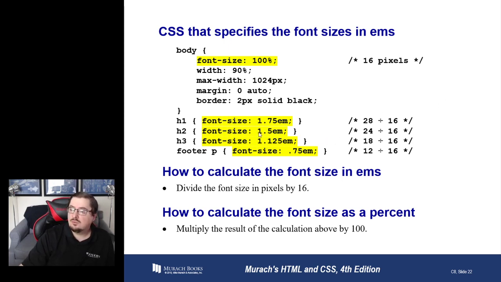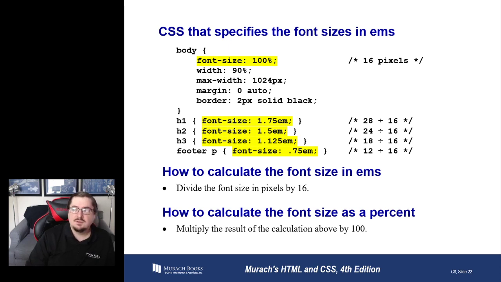Same thing here, 1.5, 1.125, 0.75. One thing that we'll run into, we're going to talk about media queries in a little bit. Moving to relative font sizes like this actually makes it really easy for us to say, well, for mobile devices, I want the fonts to be a little bit bigger or a little bit smaller, or for bigger screen sizes, I want the fonts to be bigger or smaller.